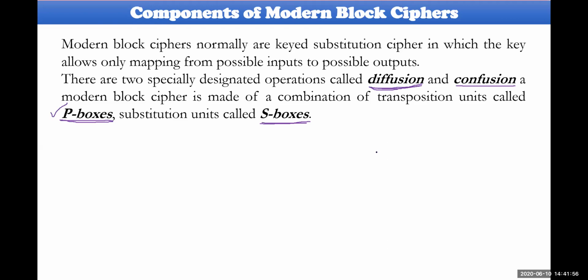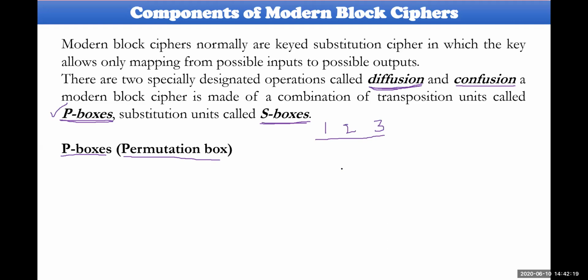However, a P box is a permutation box. Permutations and combinations, you are aware of this concept in mathematics. For example, 1, 2, 3 will be given to you.